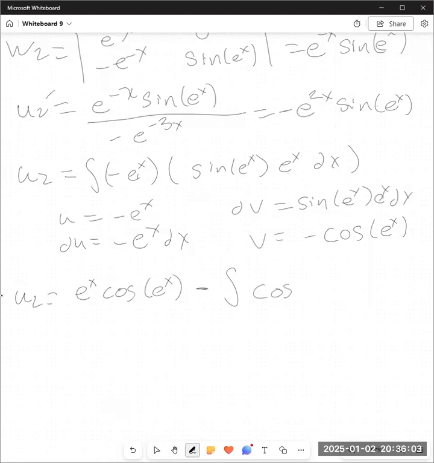This is cosine of e to the x, e to the x dx, like so. And then u2 is e to the x cosine of e to the x minus sine of e to the x.